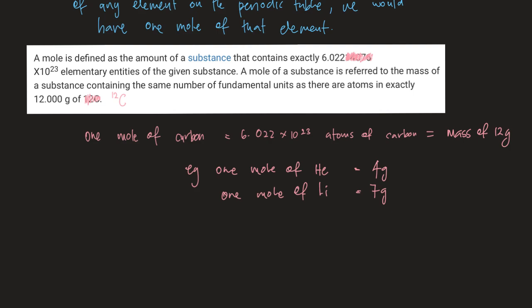Right? So when I'm looking at this mass of a substance containing the same number of fundamental units, so elementary entities, you can make a note for yourself, are what we call atoms, you can say particles, molecules, and so on. Right.